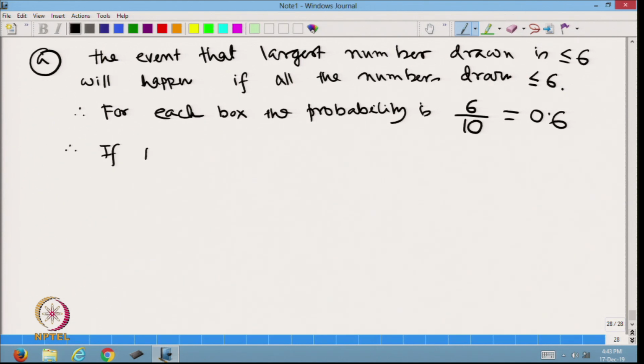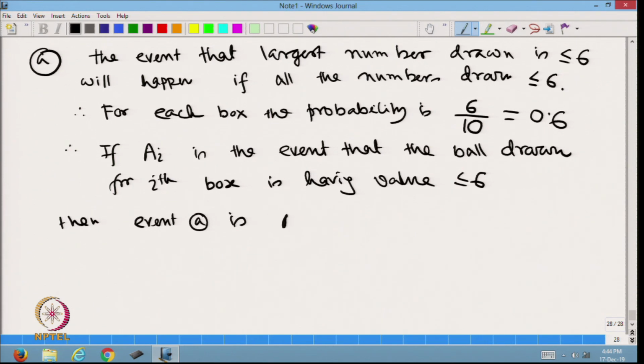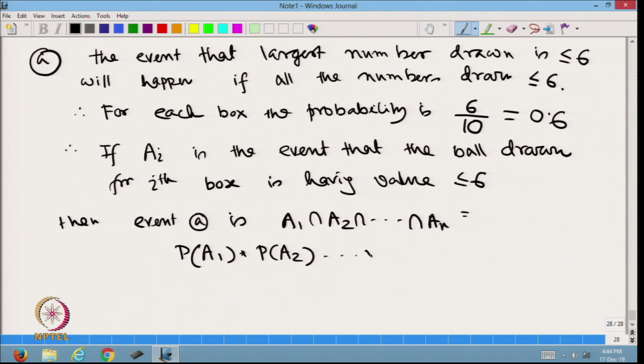Therefore, if Ai is the event that the ball drawn from the ith box has value less than equal to 6, then the event A is A1 intersection A2 intersection An, and because they are now independent, this is going to be probability of A1 into probability of A2 into probability of An, which is 0.6 to the power n.